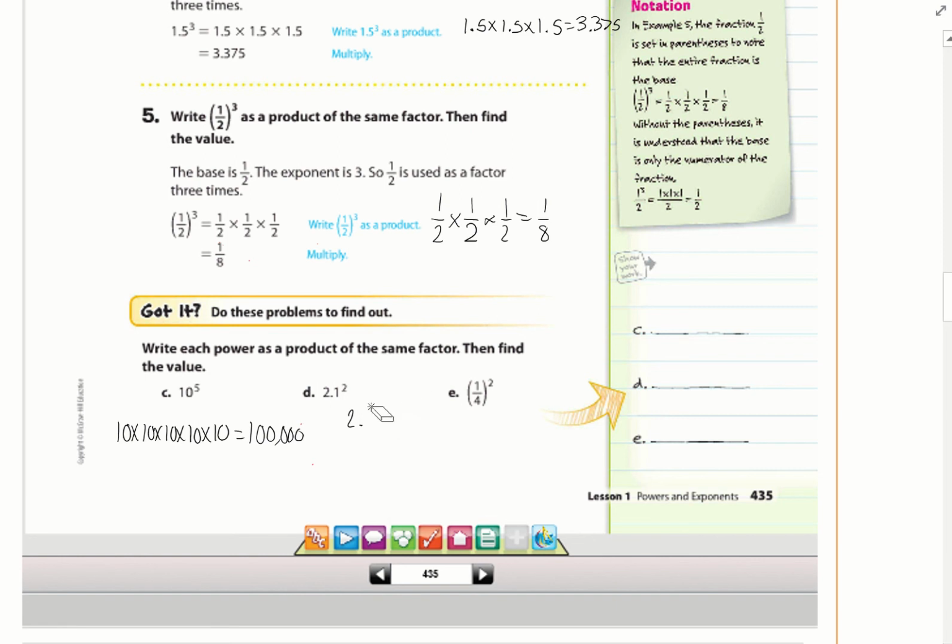So that's going to be 2 and 1/10 times 2 and 1/10. And that's going to equal 4 and 41/100ths. And then we have 1/4 times 1/4. That's going to equal 1/16.